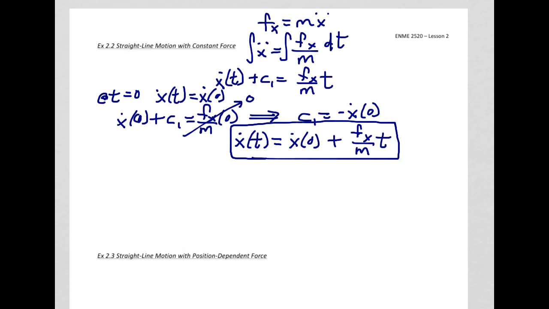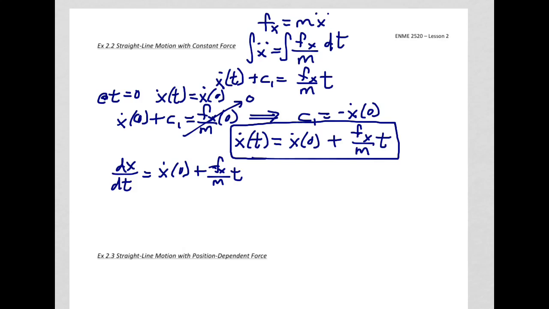So let's solve for position, and to solve for position, we're going to substitute this in where we've got dx dt is equal to x dot, and this is equal to x dot at time 0 plus f of x divided by m multiplied times t. And then we're going to integrate both sides.